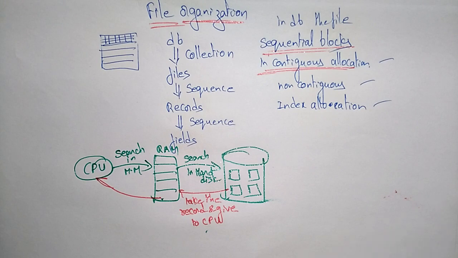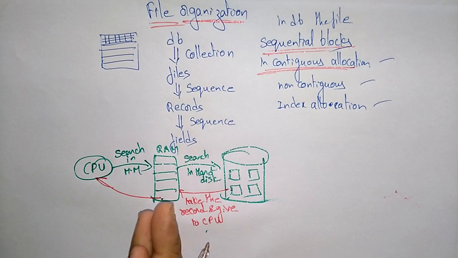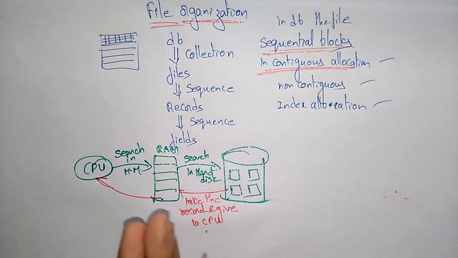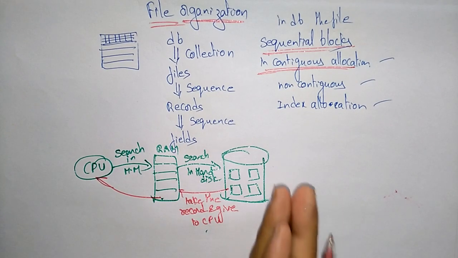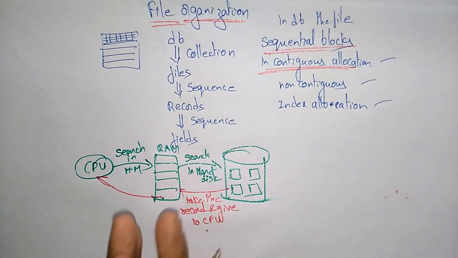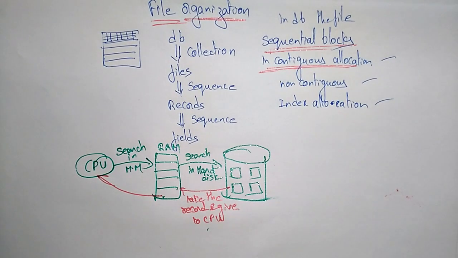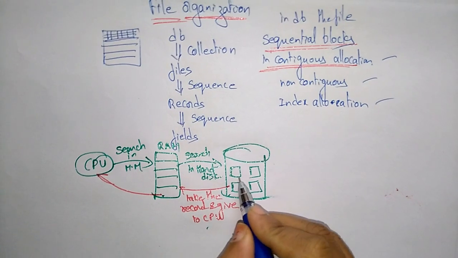Whatever data the CPU wants to access, first it checks in the RAM. If it is not there, it goes to the hard disk, takes the data and places it in the RAM, and from the RAM the CPU accesses it. So always the hard disk sends blocks to the RAM.